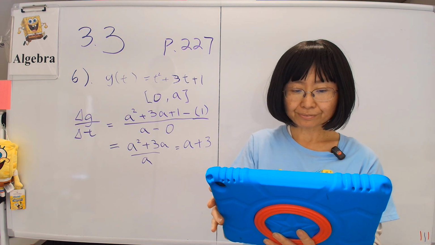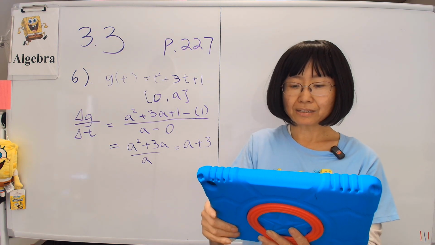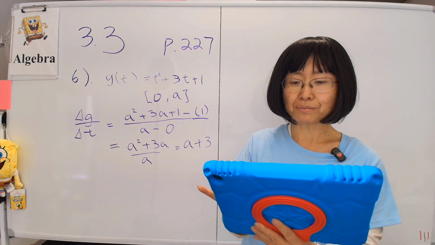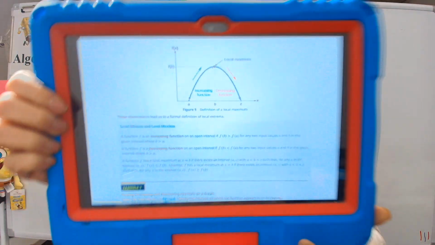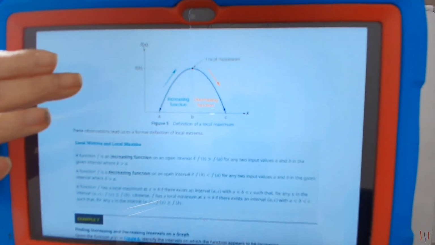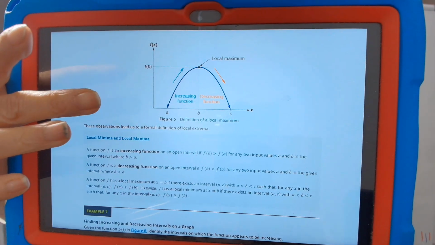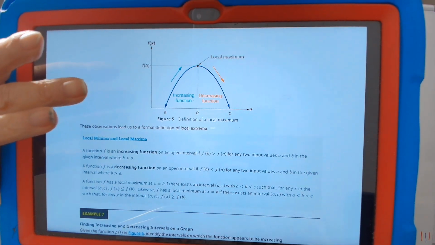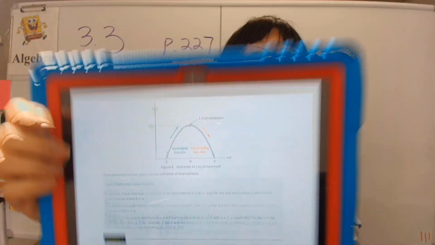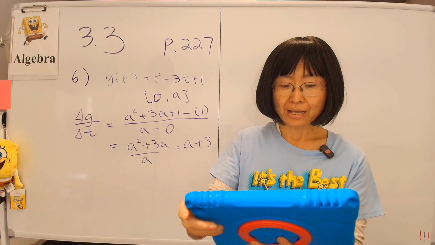There are some facts that we want to mention. If you have a local maximum, the only way you can have it is if the function starts out increasing, reaches the maximum, and then starts decreasing.